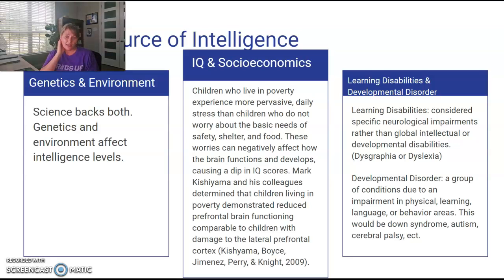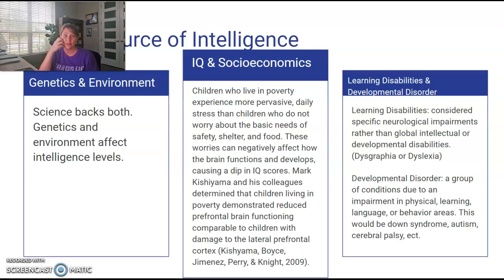Learning disabilities and developmental disorders. Learning disabilities are considered scientific neurological impairments rather than global intellectual or developmental disabilities. Two examples, dysgraphia or dyslexia. Developmental disorders, a group of conditions due to an impairment in physical, learning, language, or behavior areas. This would be Down syndrome, autism, cerebral palsy, things like that.